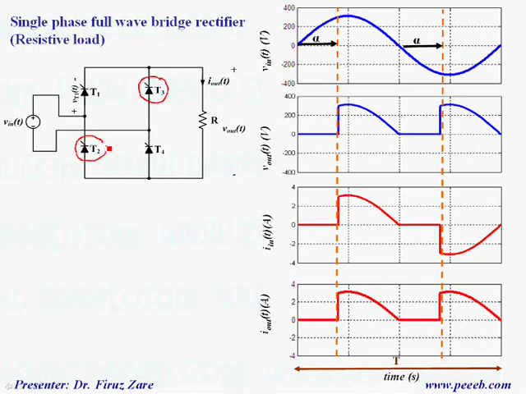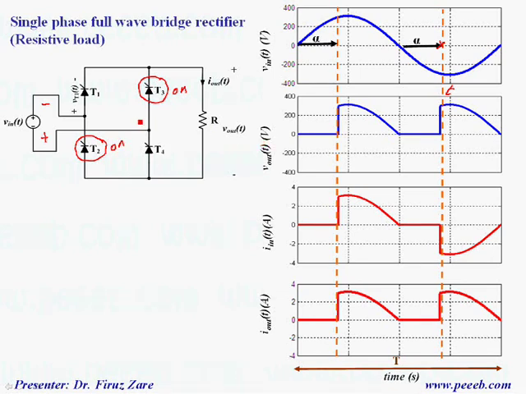The reason is that when the input voltage is getting negative for the second half cycle, similar to a diode rectifier, we have positive voltage across these thyristors, but these are not on because we still haven't applied any gate signal. So once we apply gate signal at this firing angle, based on this time, we can turn on these two thyristors.